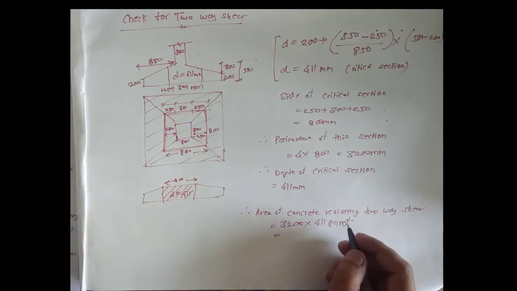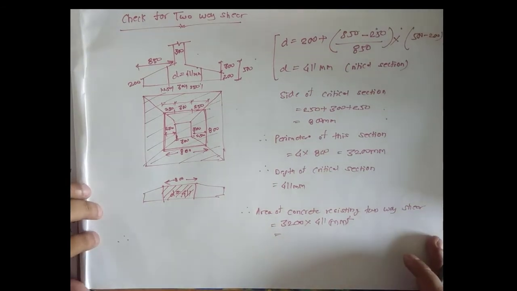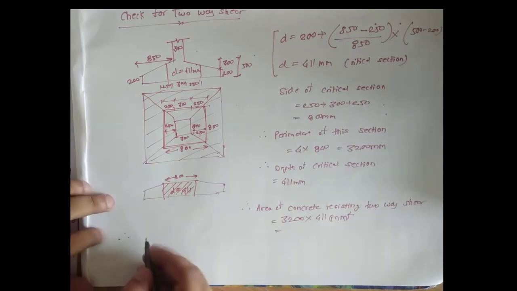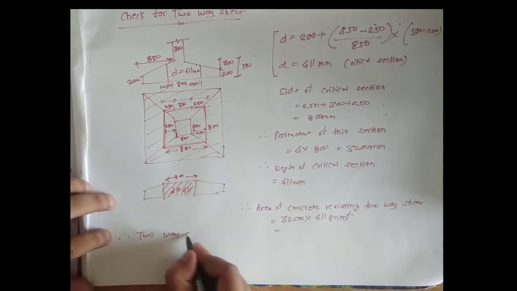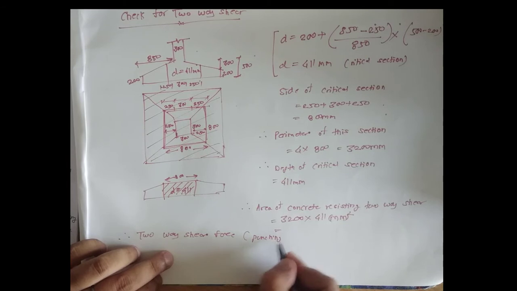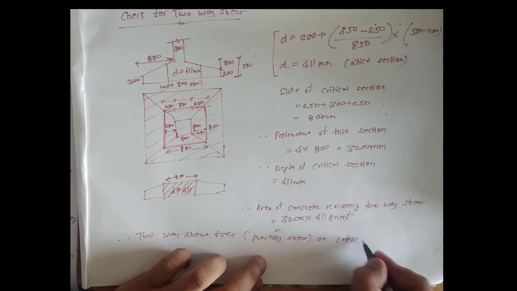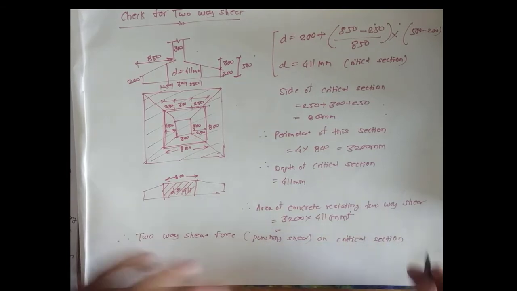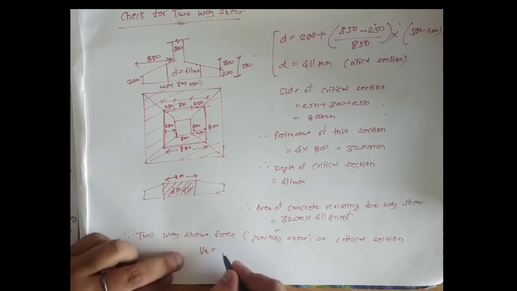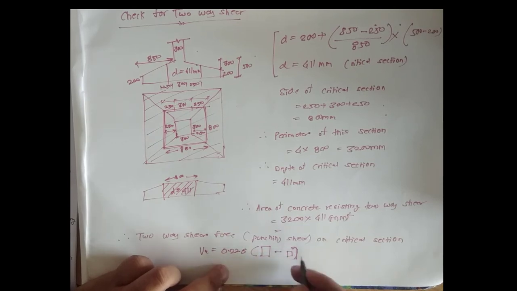Fine. So now the very important part is that when we calculate for two-way shear, the two-way shear force, also called punching shear, on critical section is the design pressure into the cross section of the outer footing minus the column area.